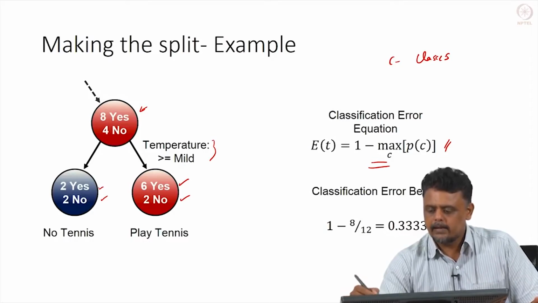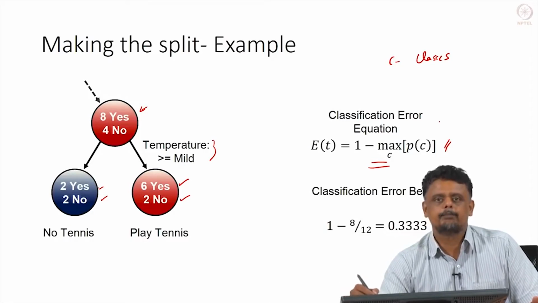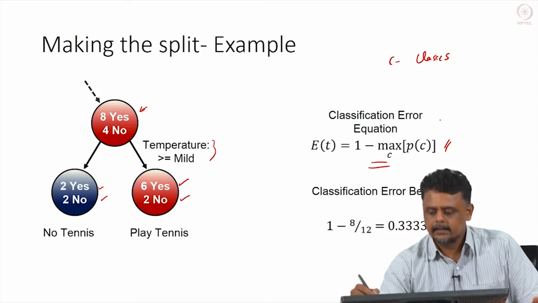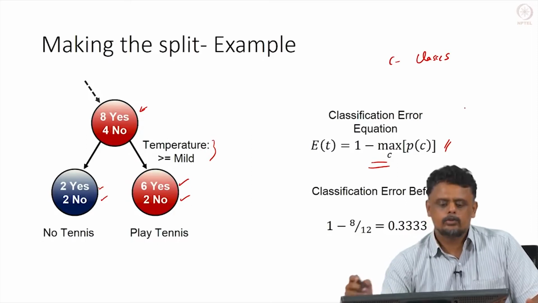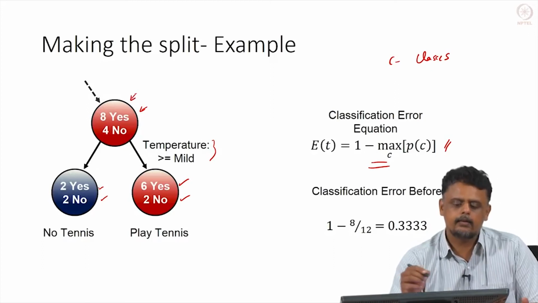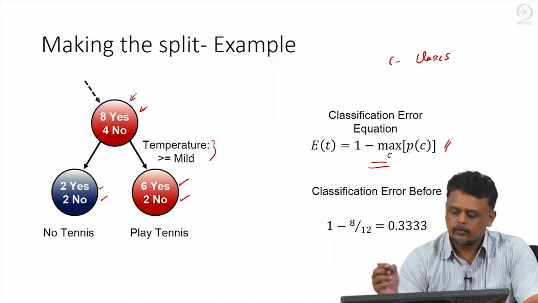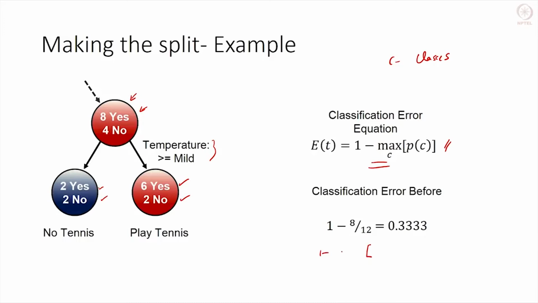So, 1 minus max of P of C is what we would like to evaluate as the classification error. Okay. So, let us look at this particular node here. We have 8 out of 12 for decision yes, and 4 out of 12 for decision no, which leads to 1 minus 8 over 12 as the classification error, right.